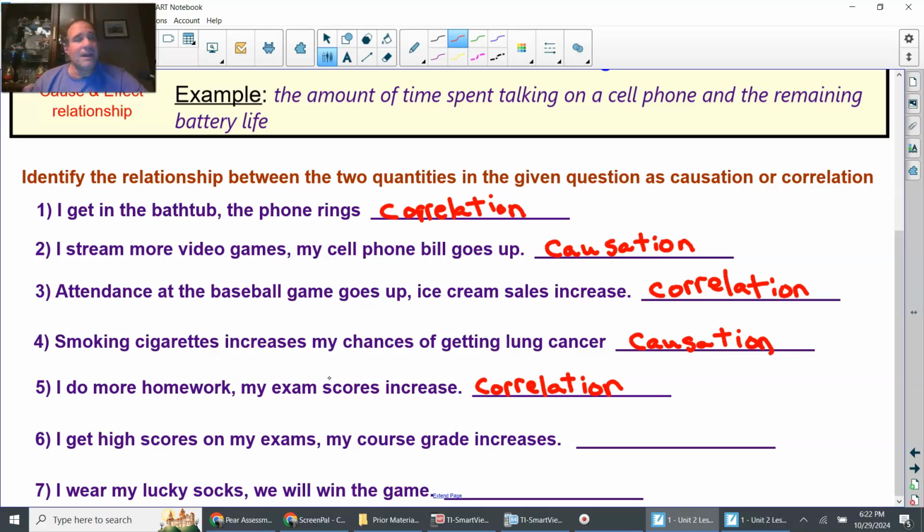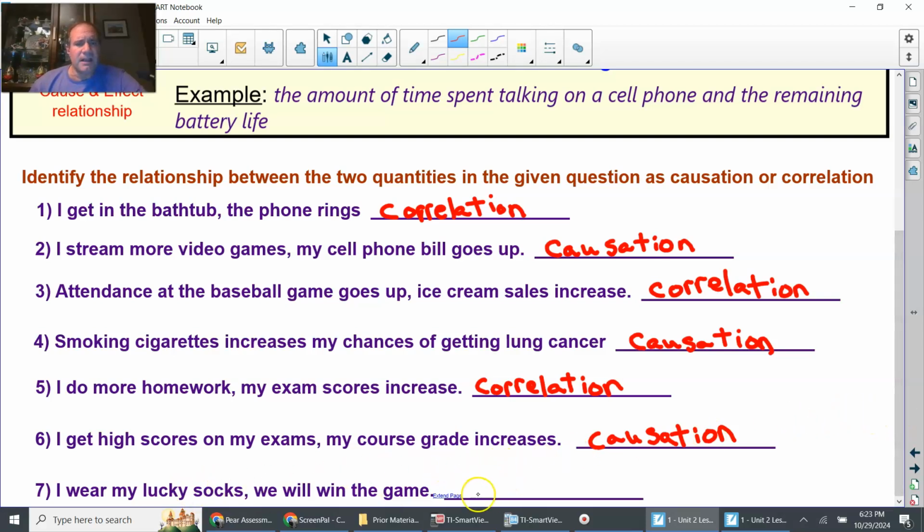You still might not get a high score just because you're doing homework. All right, so I get high scores on my exams and my course grade increases. That is a causation. It's definitely happening. If you get high scores on your exams, your course grade increases.